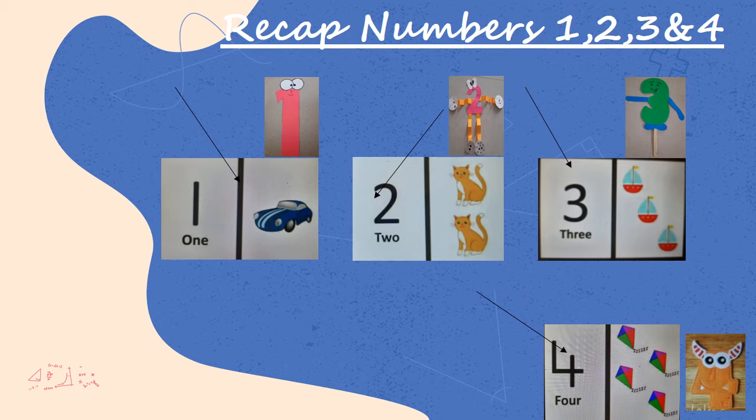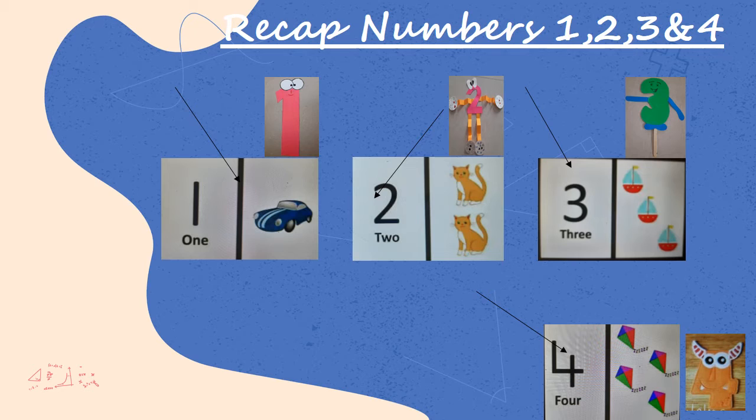Very good. Now the next number is number 3. That's right. The objects associated with number 3 are 1, 2 and 3. 3 ships.